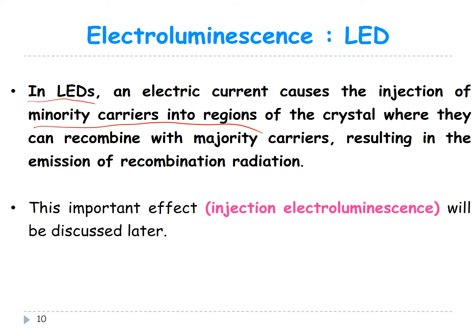So in photoluminescence, you shine light to create electron hole pairs or excess carriers, but in electroluminescence, you use current to inject carriers into the semiconductor. This important effect, injection electroluminescence, will be discussed later in chapter 5.